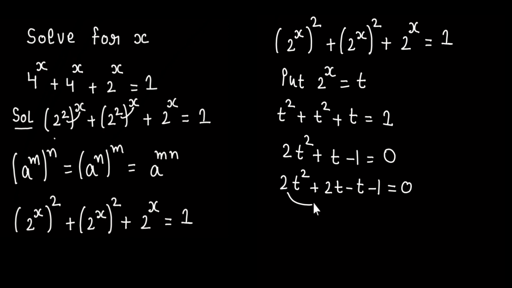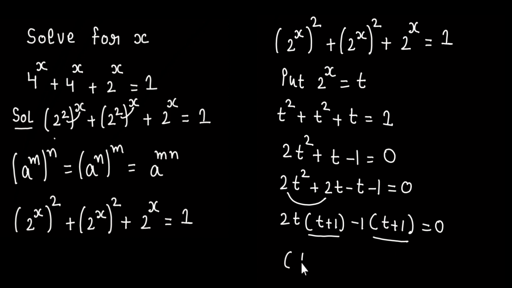Here I can take 2t as common and I got t plus 1. Here I take minus 1 as common and I got t plus 1 equals to 0. From this I can take common t plus 1, so it can be written as t plus 1 and 2t minus 1 equals to 0.